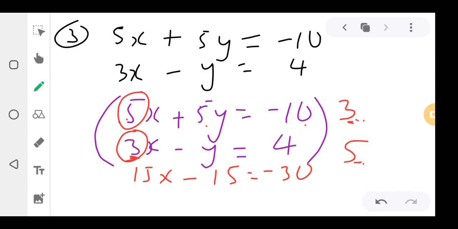So 5 times 3, 15x, minus 5 times the invisible 1 there, 5y. There's an equal sign there, equal to, this is negative 30 and 20.